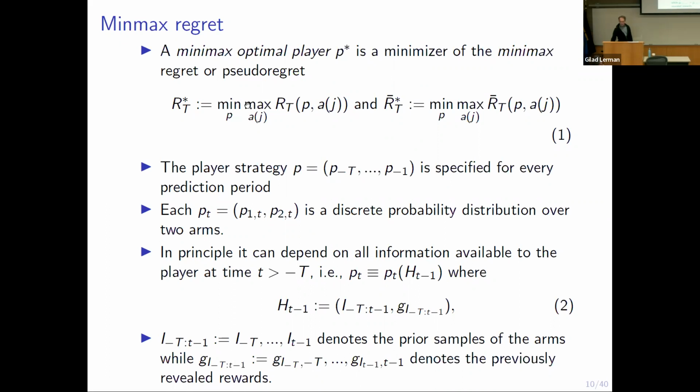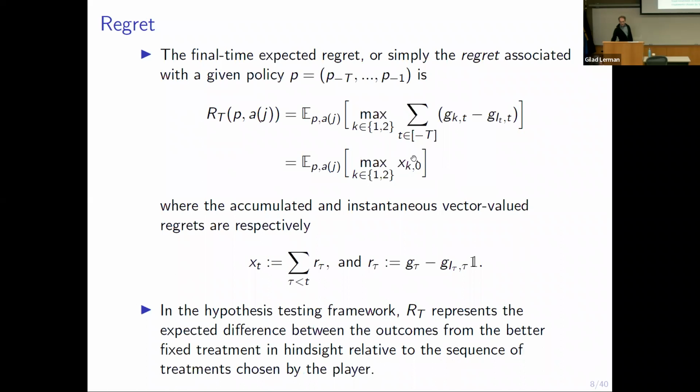Because the maximization is after the minimization. So given this policy, the adversary picks the worst arm, and then at final time, you look at what happened. And so this maximization just tells you what happens at the final time.